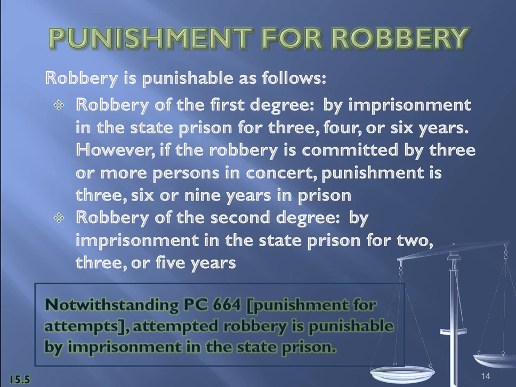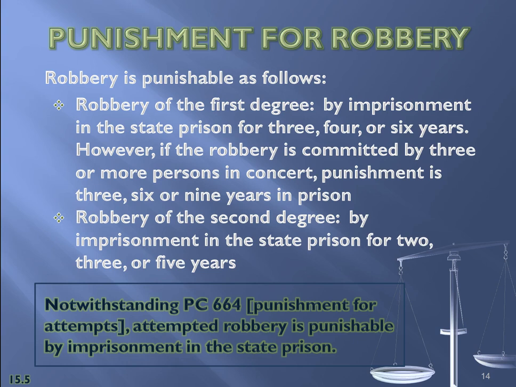So what is the punishment for robbery? Well, robbery of the first degree, and we know what that constitutes, is punishable by imprisonment in the state prison for 3, 4, or 6 years. However, if the robbery is committed by 3 or more persons in concert, meaning acting together, punishment could be 3, 6, or 9 years. Robbery of the second degree is punishable by imprisonment in the state prison for 2, 3, or 5 years.